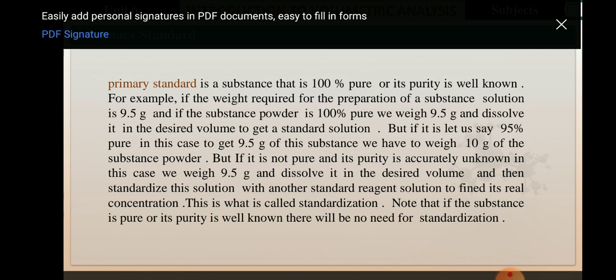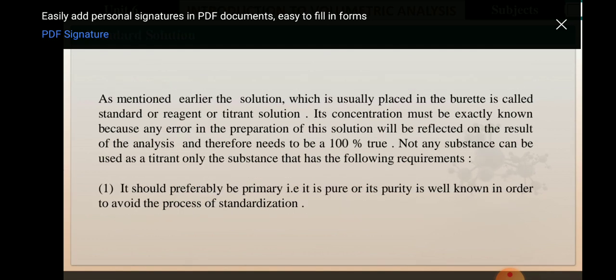But if it is not pure and its purity is not accurately known, in this case we weigh 9.5 gram and dissolve in the desired volume, and then standardize this solution with another standard reagent solution to find its real concentration. This is what is called standardization. Note that if the substance is pure and its purity is well known, there will be no need for standardization.